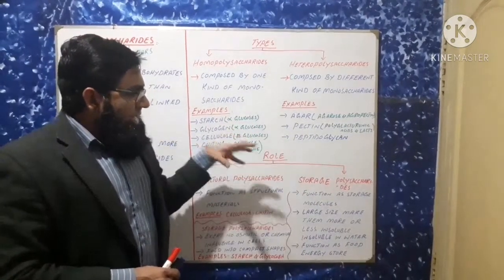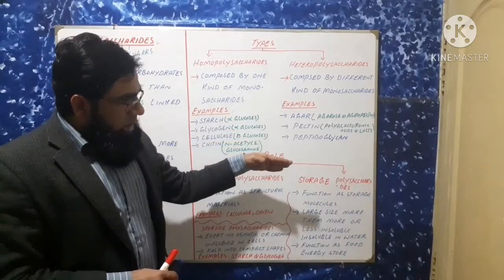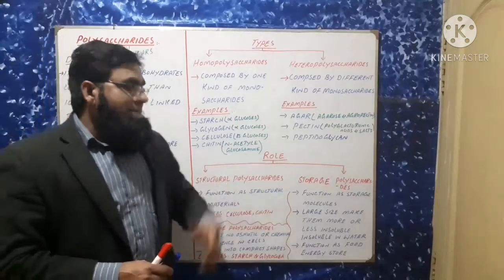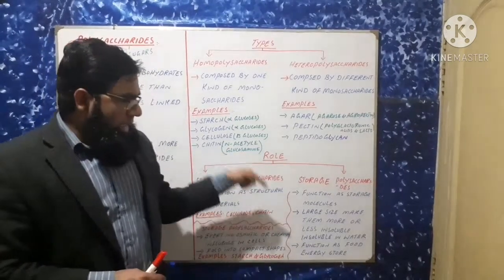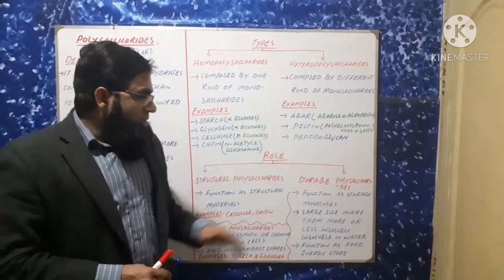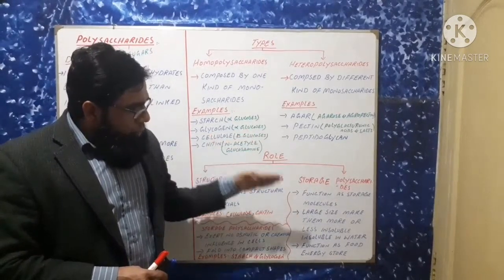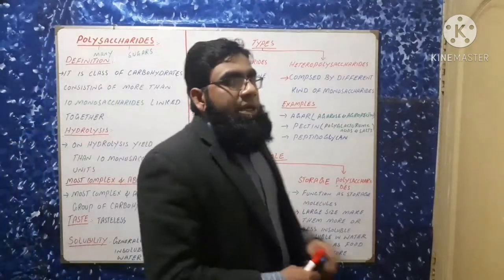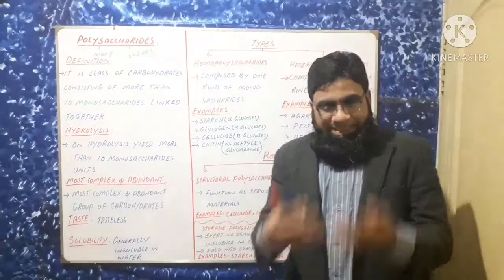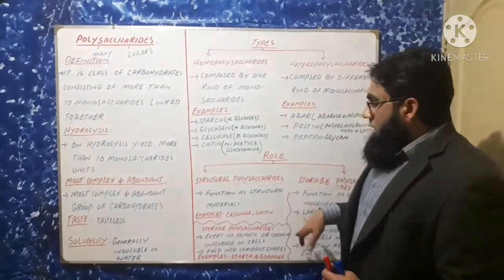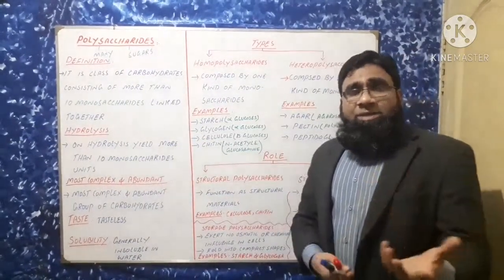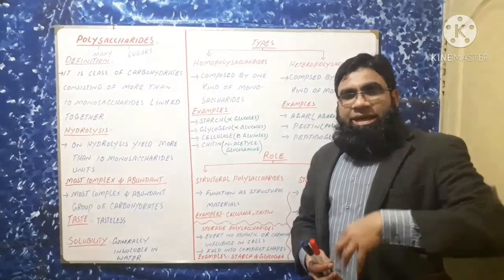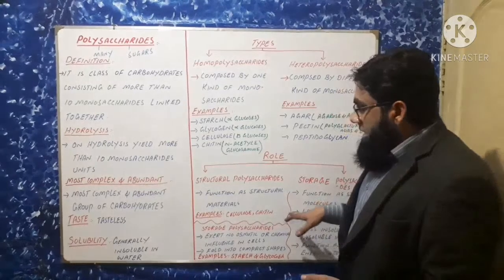Storage polysaccharides are basically large molecules, and due to their large size they are insoluble in water, and they also function as a food energy store because they are stored inside the cell, and when required they break into smaller units, and we can extract energy from these molecules.